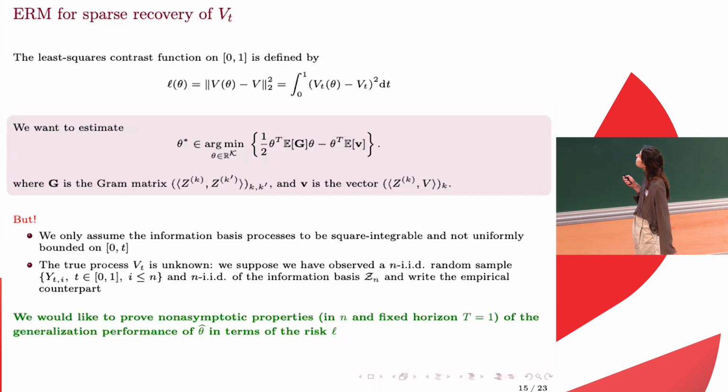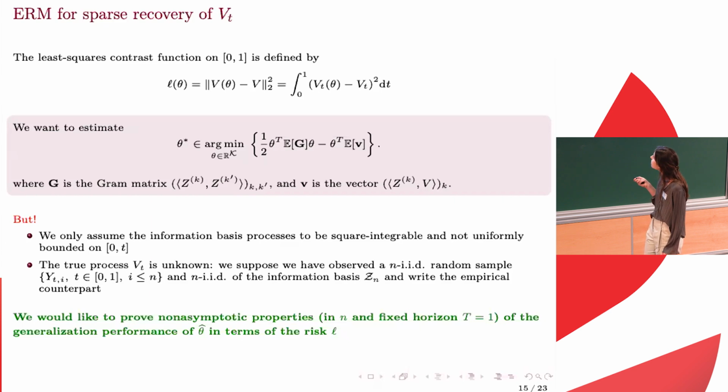Okay, but there are at least two problems. So we only assume the information basis processes to be square integrable and not uniformly bounded on any compact [0, T]. And also here the true process V is unknown, and we only suppose that we have observed an iid sample of the Y_i's, and that's an iid sample of the information basis, right?